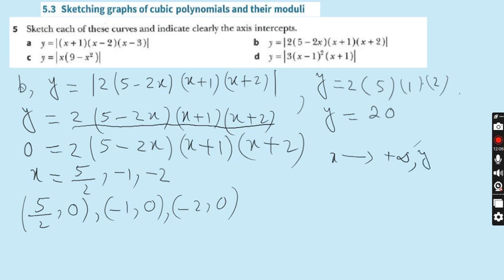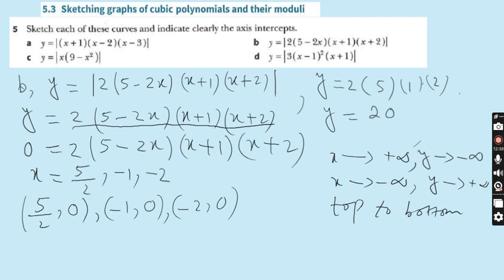This will give you y approaching negative infinity when x is approaching positive infinity. Similarly, when x goes to negative infinity, obviously y goes to positive infinity. Therefore, the graph is from top to bottom.